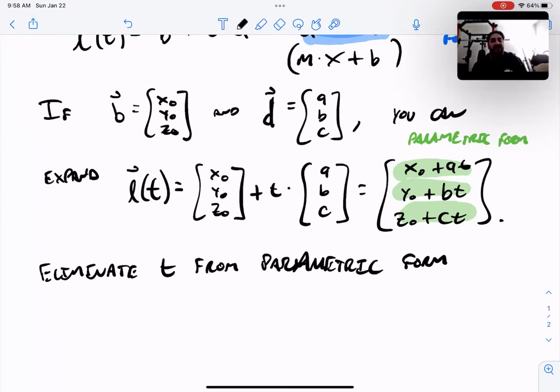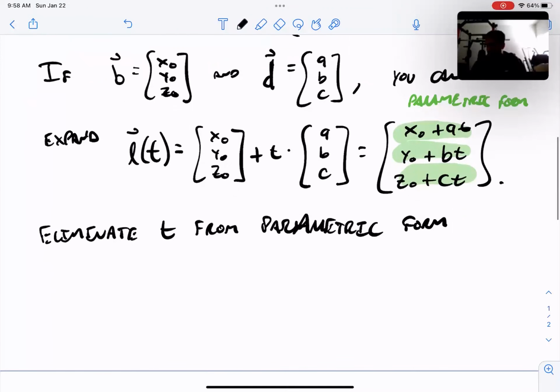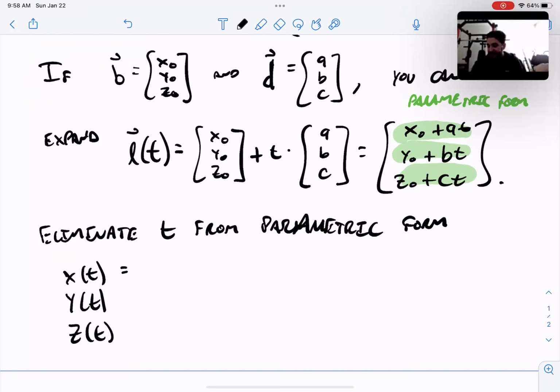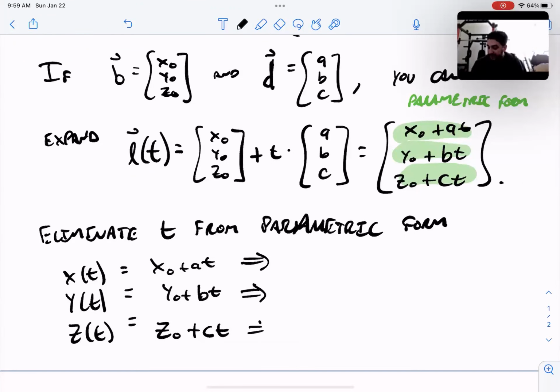In this case, probably the easiest way is to say, what do I have here? I have that the x, y, and z coordinates are specified by these linear formulas: x naught plus at, y naught plus bt, and z naught plus ct, right? So take each of these equations from our parameterization and solve them for t.